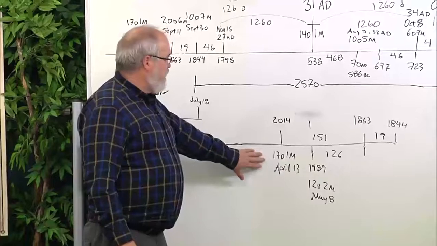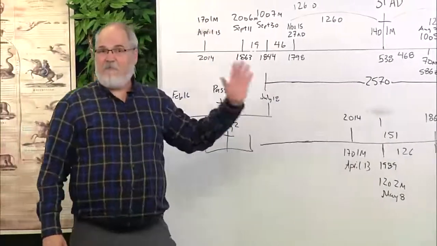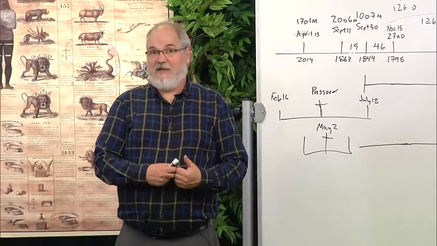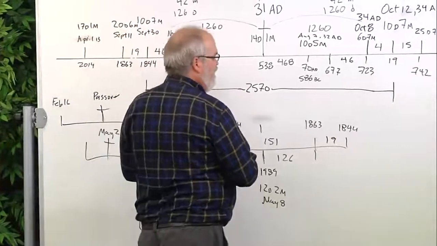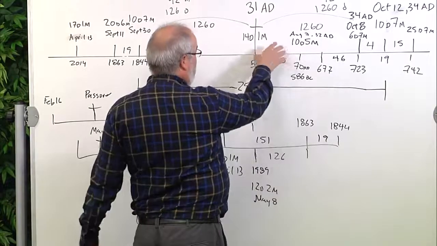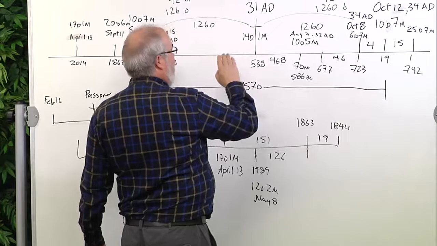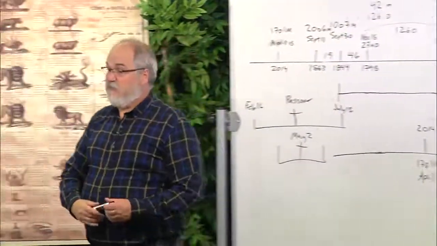So if 2014 marks this, the problem is it's not Passover. Right? That's the problem that I had. Now, Stephen Jameson from Ireland had come up with an idea starting at Pentecost in 31 AD, counting the number of days, and we'll do it here.